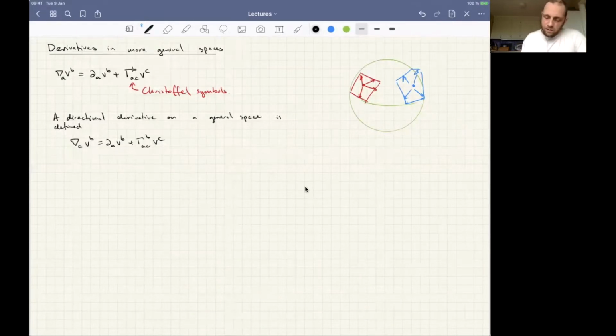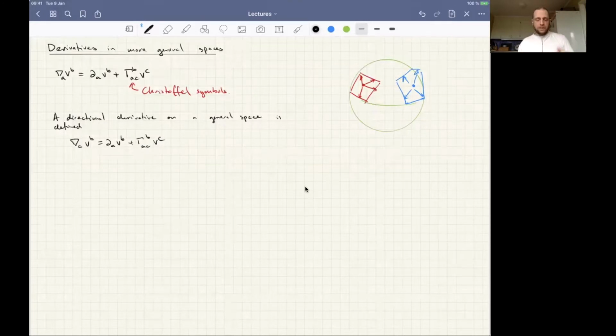These gammas, these Christoffel symbols, or more generally connection coefficients, define what we mean for something to change from point to point. So in general, there are going to be several possible directional derivatives, and these gammas are going to define what we mean when we say a directional derivative.